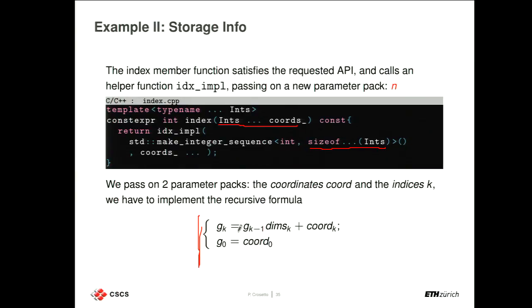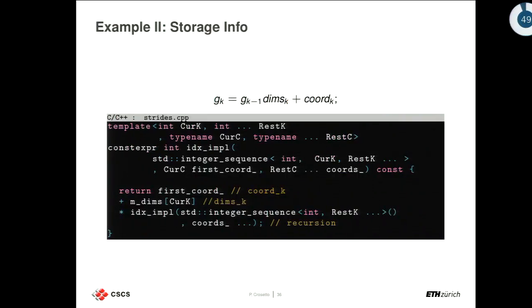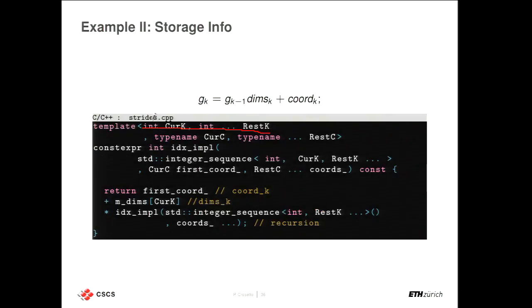First we will see how the implementation of the first one is. We pass one pack, and we identify the first element of the pack and the rest. So we split the two, because we will work on the first element of the pack. And we do the same thing with the coordinates.